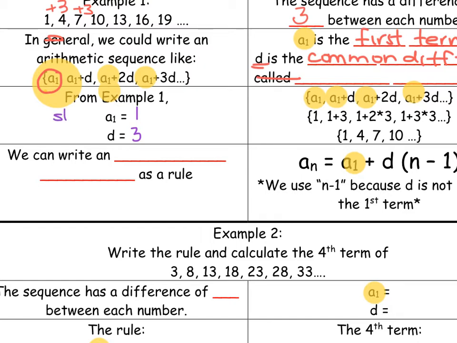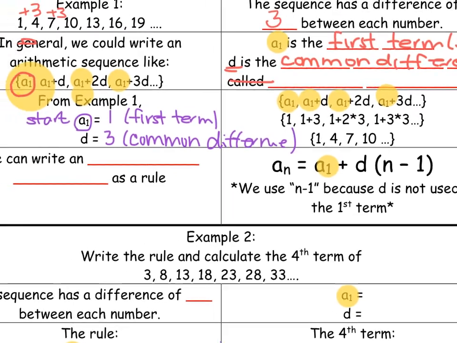So this is our start, and this is always our first term. That's why we call it A1, so make sure there's a 1 down there. There wasn't on your paper, so you have to write that in. And D we call the common difference. And the common difference can be negative or positive.